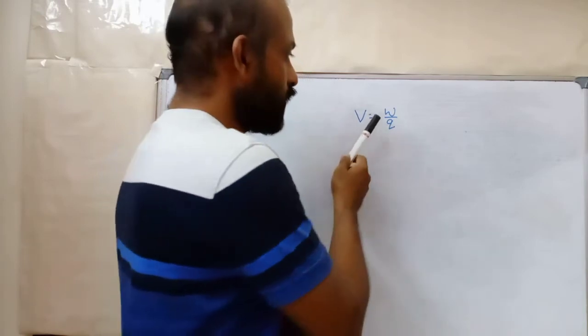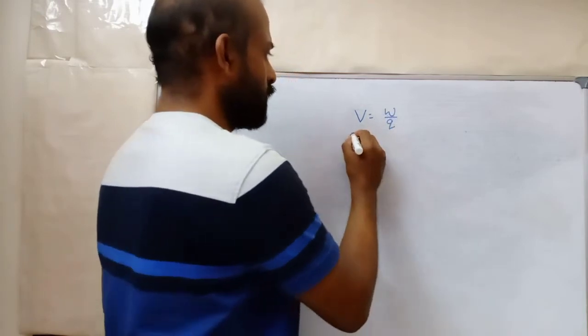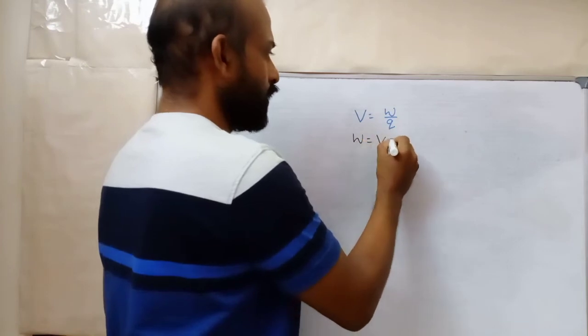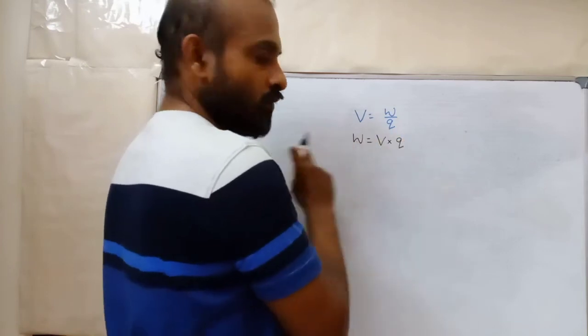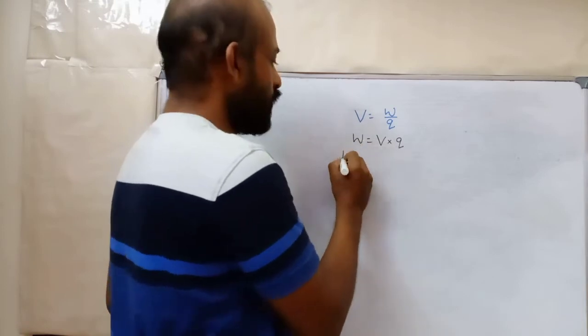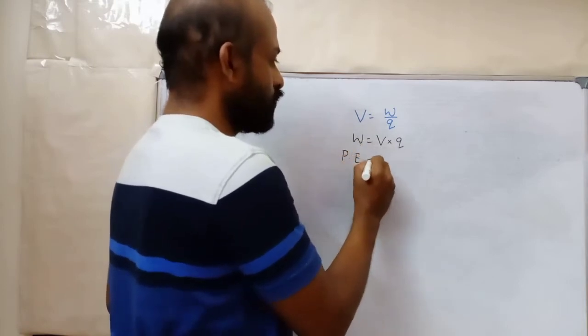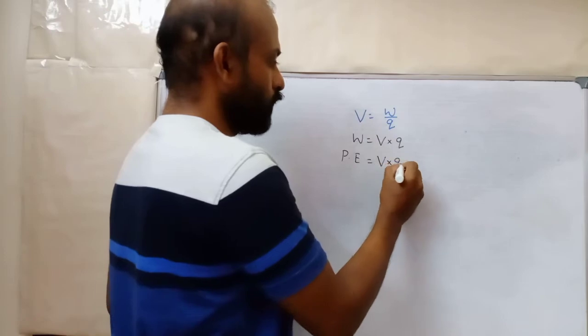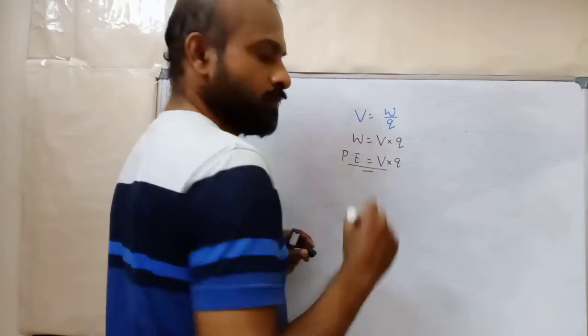So what is work done? The work done is equal to potential into charge. Work done is equal to potential energy. Or we can say potential energy is equal to V into Q. This is the equation for potential energy.